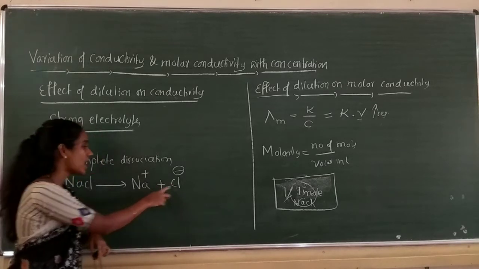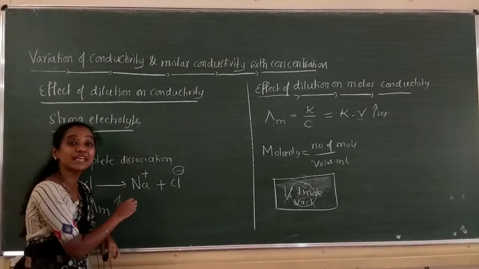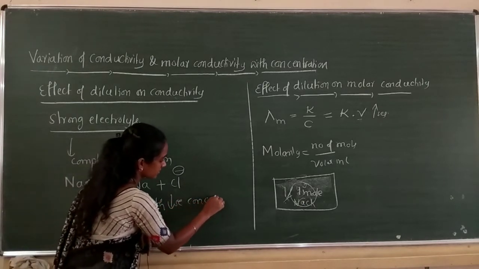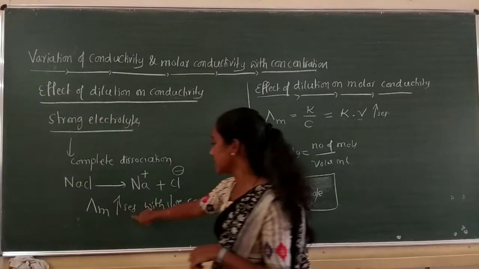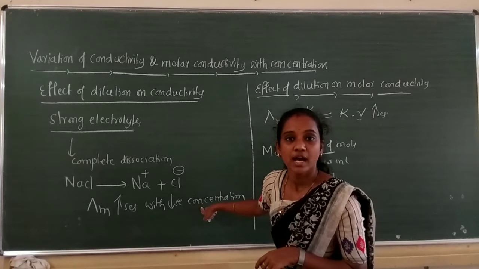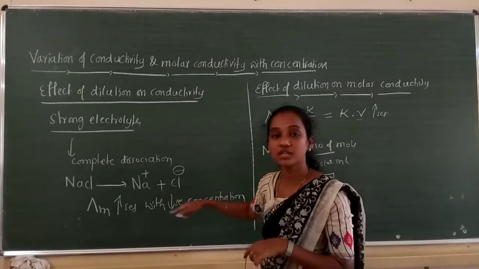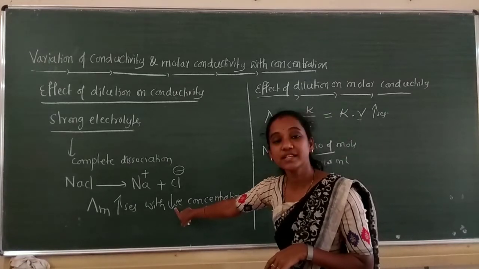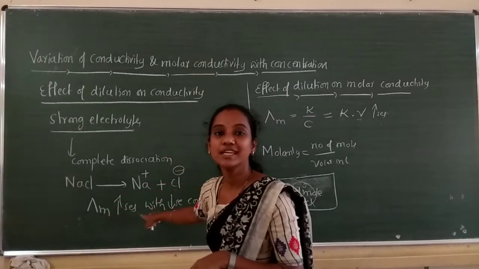As a result, molar conductivity lambda m goes on increasing. It gradually increases with the decrease in the concentration. Decrease in the concentration is nothing but the solution becoming dilute. As the solution is diluted, the concentration of the electrolyte decreases, and automatically molar conductivity increases.